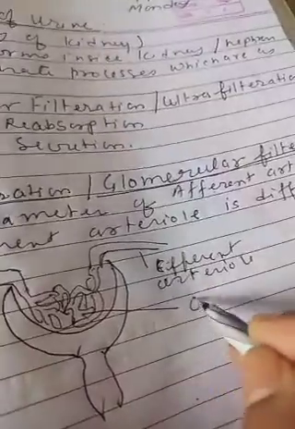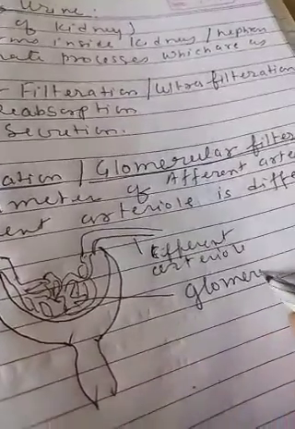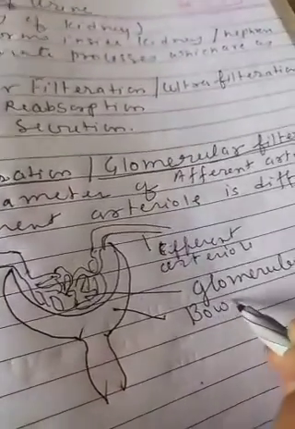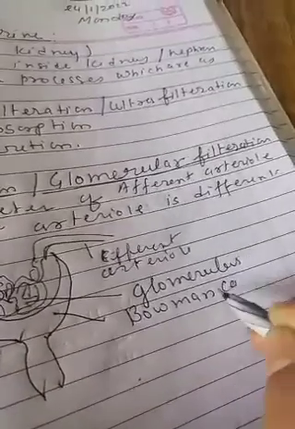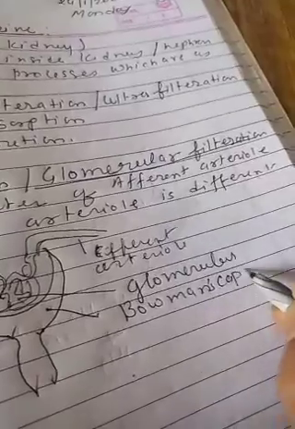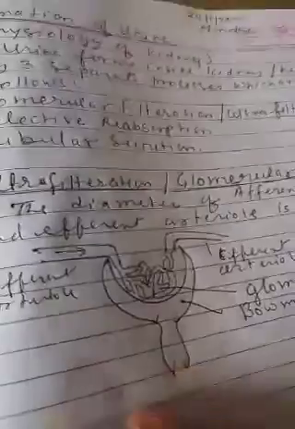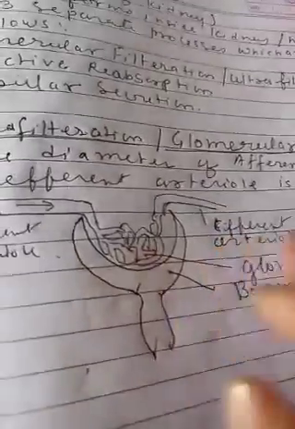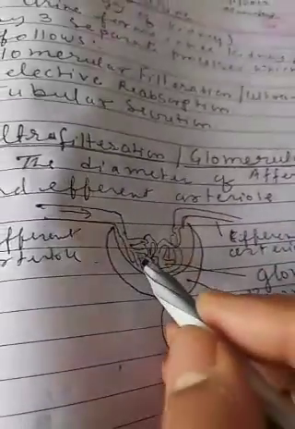This is the glomerulus and Bowman's capsule. So due to this difference, a pressure develops.